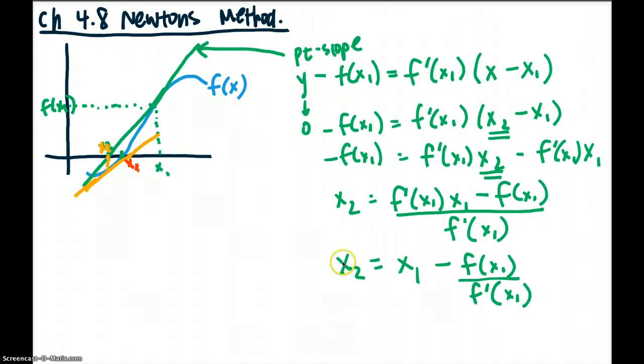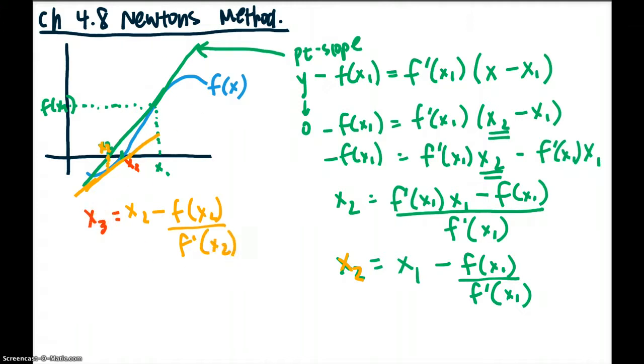Well, I just found x sub 2, and it's going to go through the exact same process, where I use x sub 2 instead of x sub 1. Therefore, my x sub 3 is going to look exactly the same way as this, except I would have plugged in x sub 2, all over f prime of x sub 2.